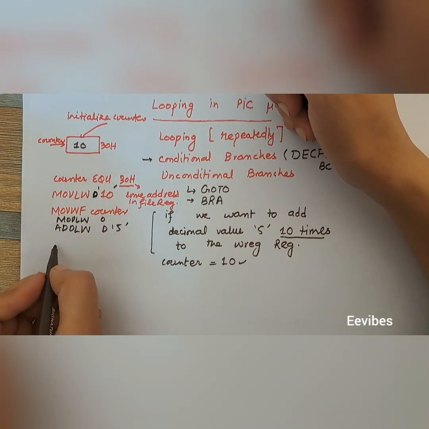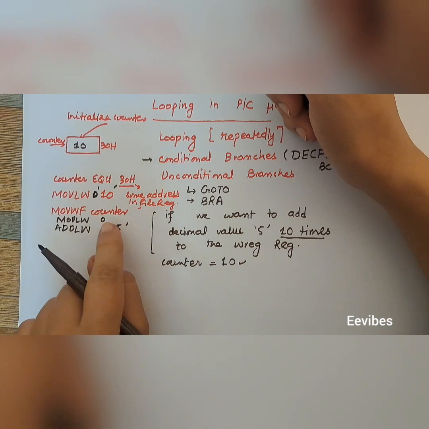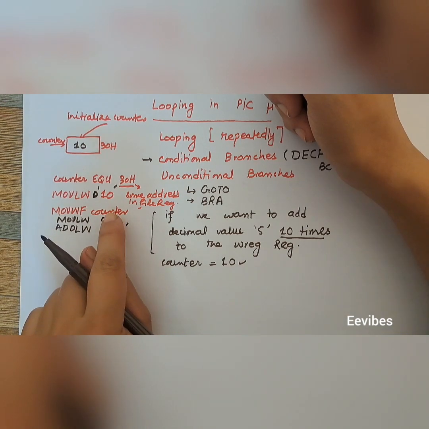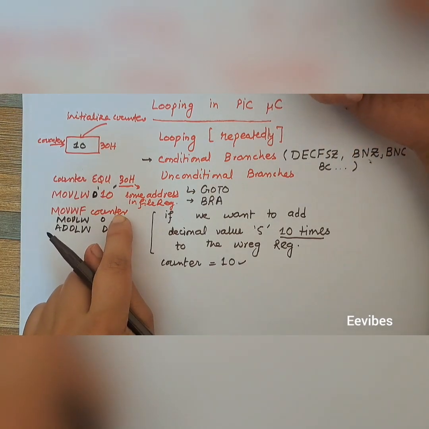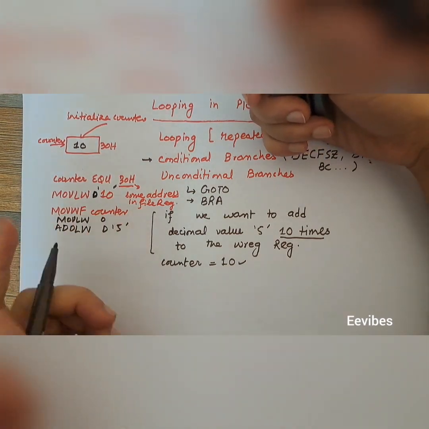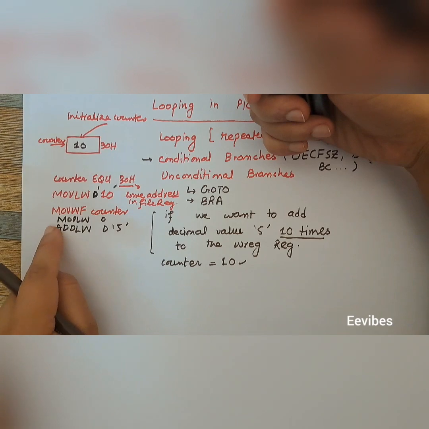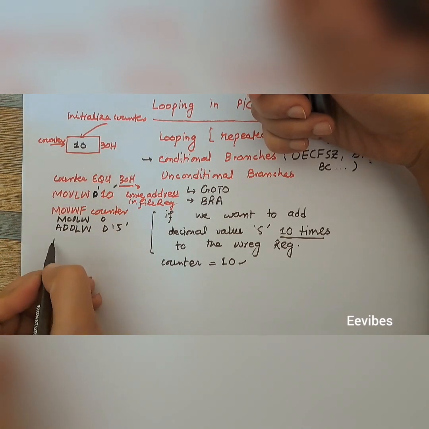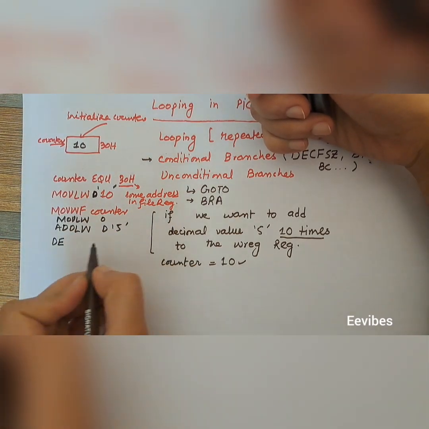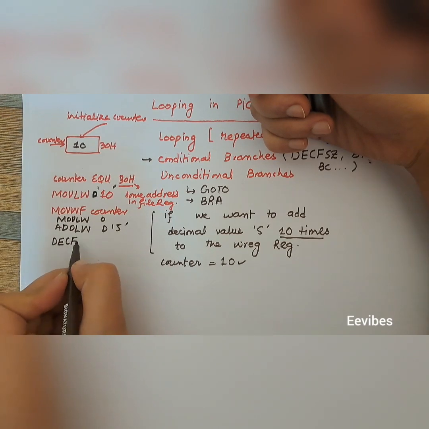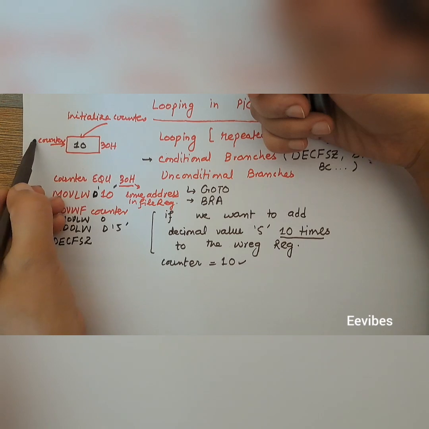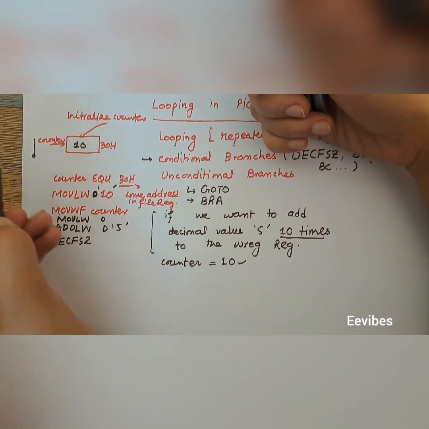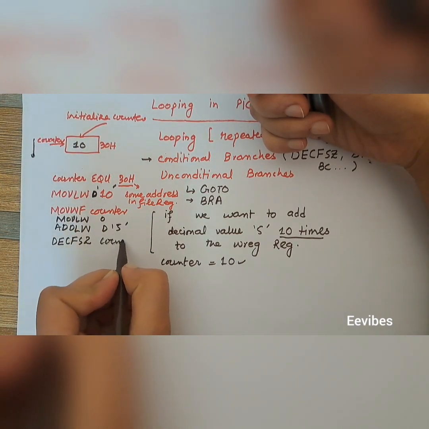Now here comes the looping concept. Now I will check the value of the counter. I will first decrement it and check whether it's 0 or not. If it is not 0, then I would like to perform the same task again. So I will use the mnemonic decrement file register skip if 0. Which file register am I decrementing? This counter value.